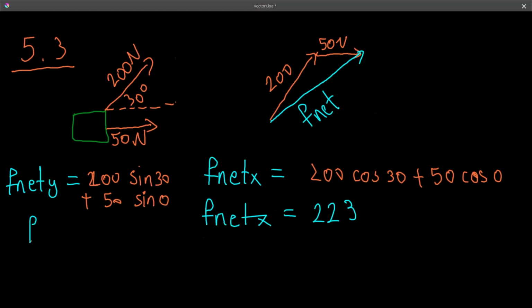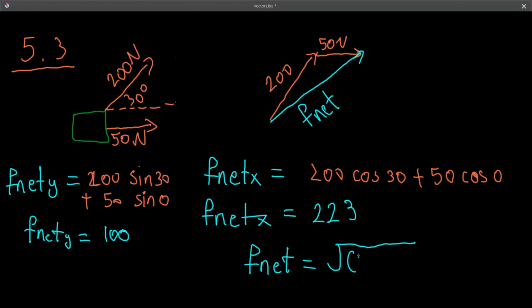F net y is equivalent to 100, and so you get that F net now is equal to the radical of 100 squared plus 223 squared.